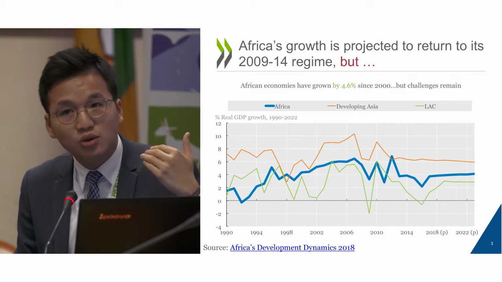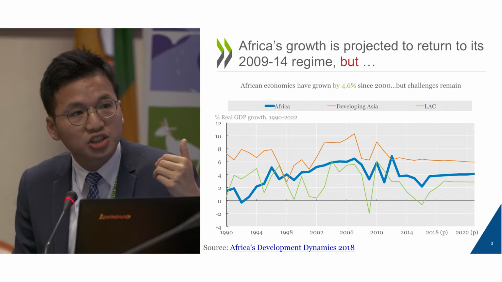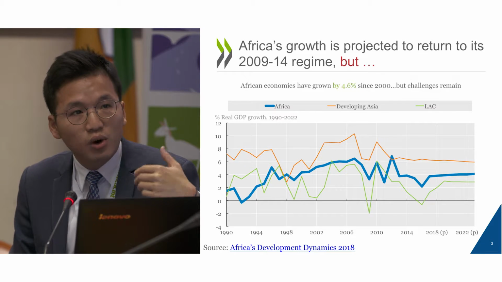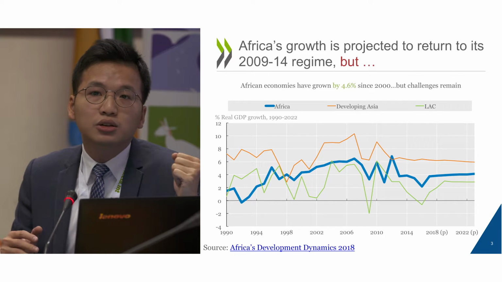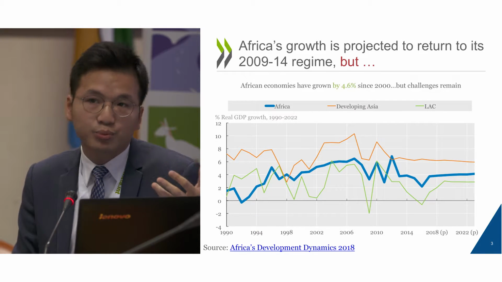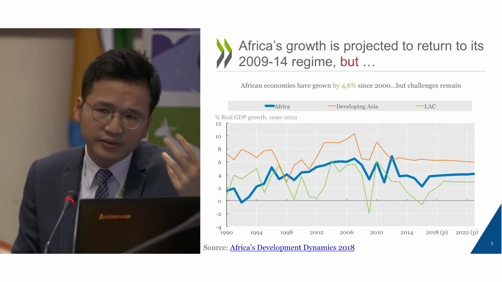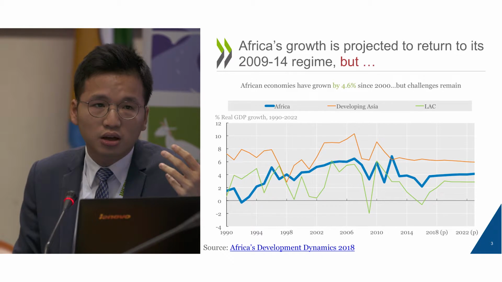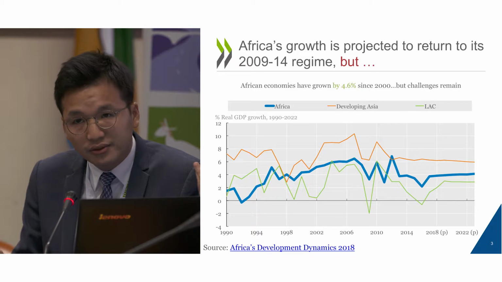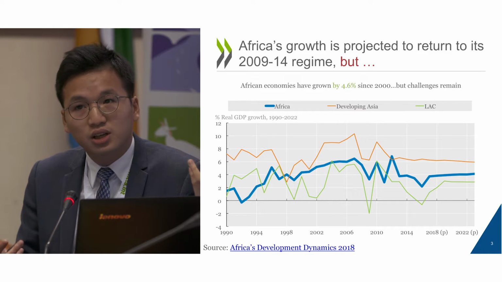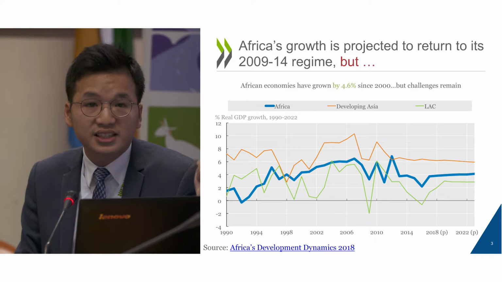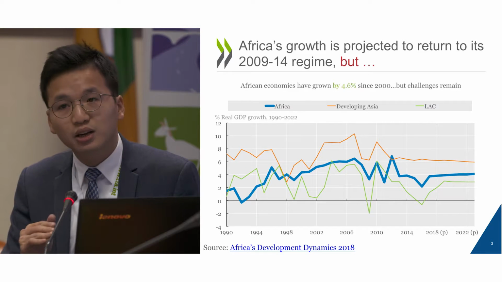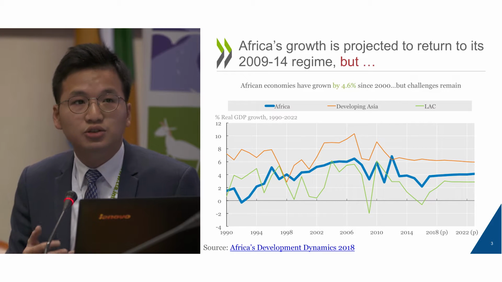Africa in the process has also diversified trade partnerships with other regions in the world, where trade with non-traditional partners has now tripled from about $275 billion a year in 2000 to almost $800 billion in 2016. So we have diversified our trade partnerships.